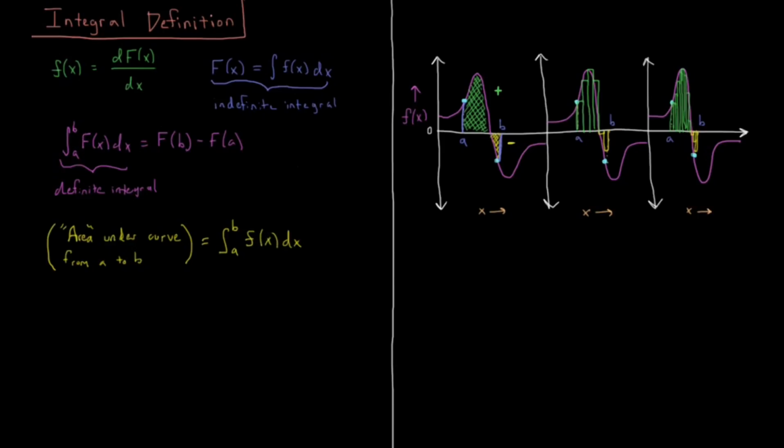And I messed up here, this should have been little f. Sorry about that. All right, we're going to correct that. Okay, much better. All right, so the definite integral represents the area under the curve between two given points for that curve.